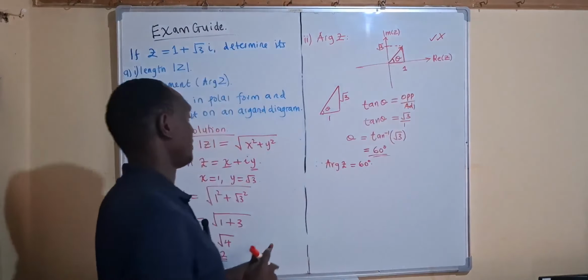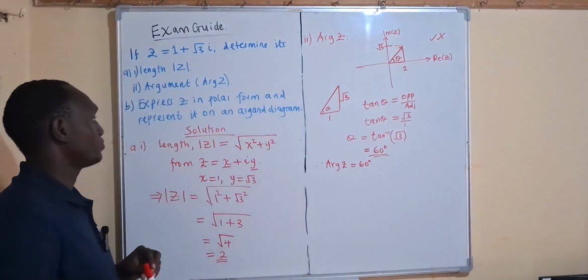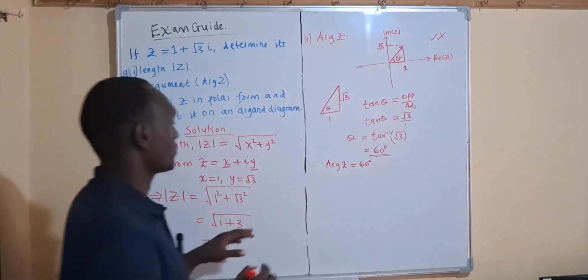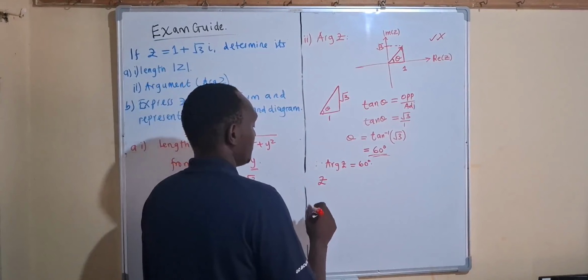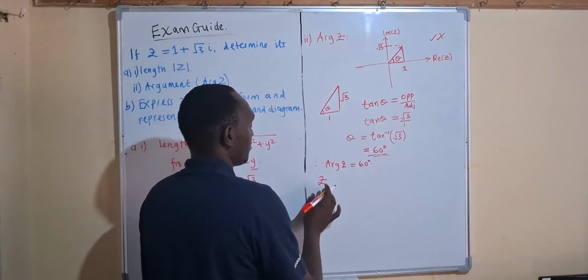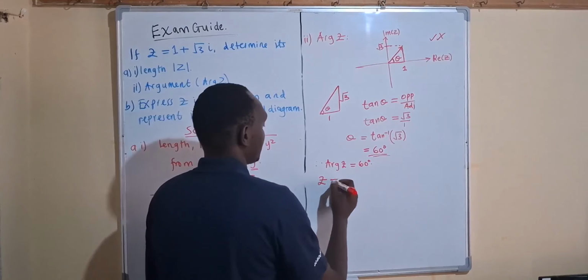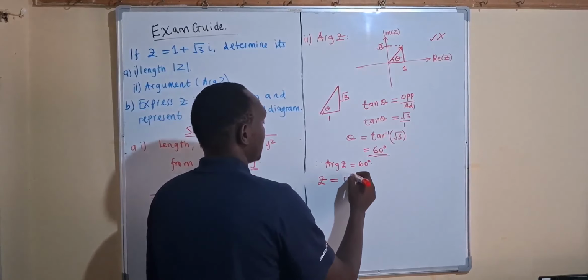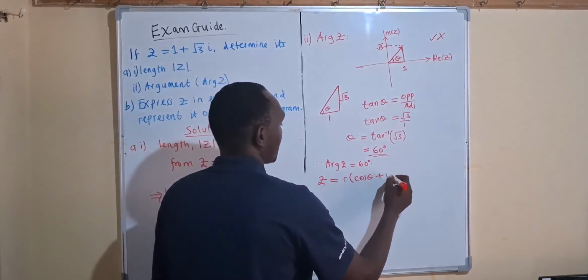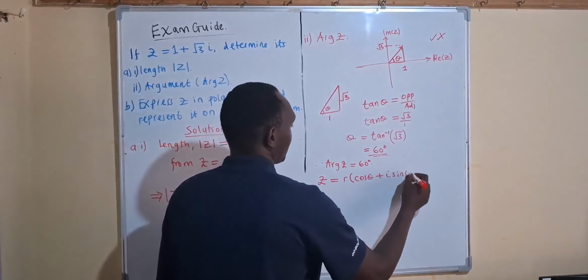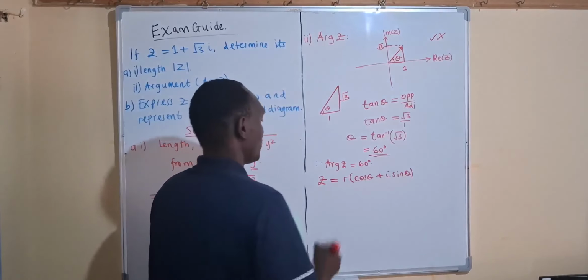You put that angle there. But to represent it in polar form, we know that the general representation of the polar form of complex number z is given by r into cosine of theta plus i sine of theta.